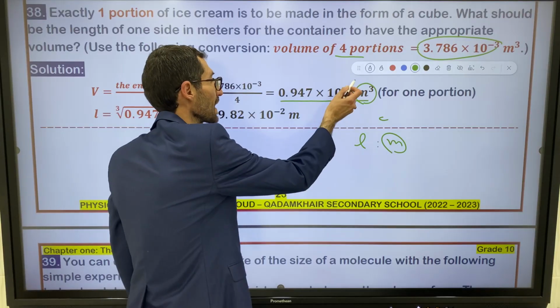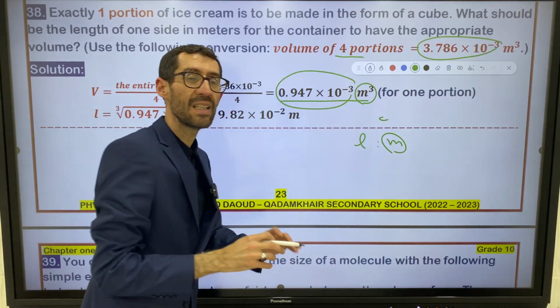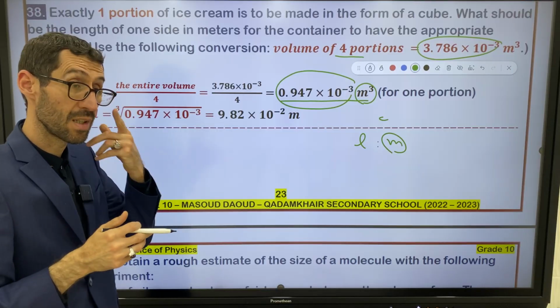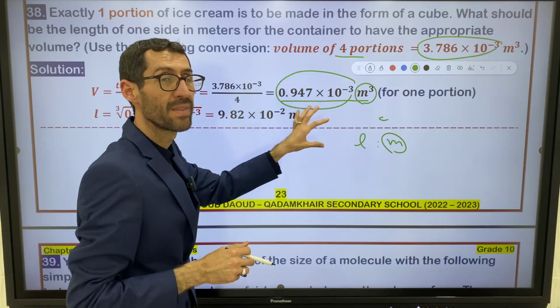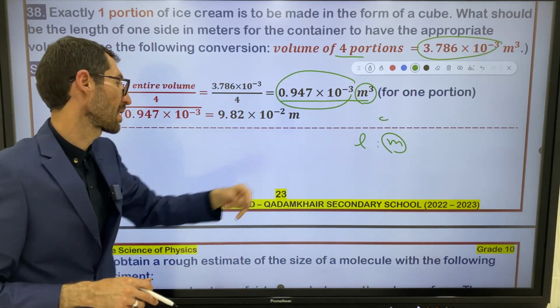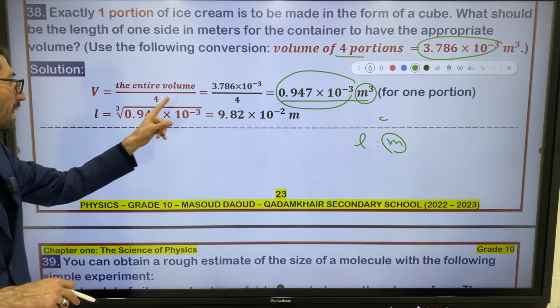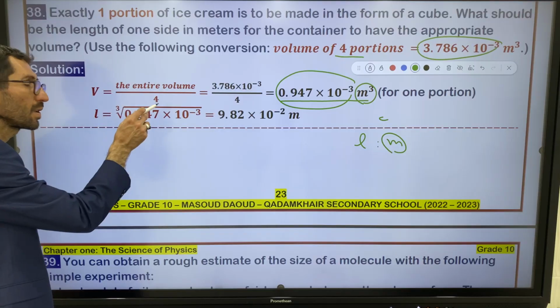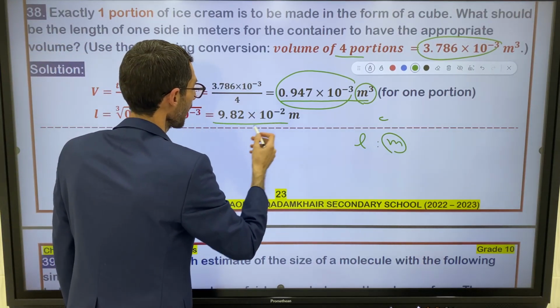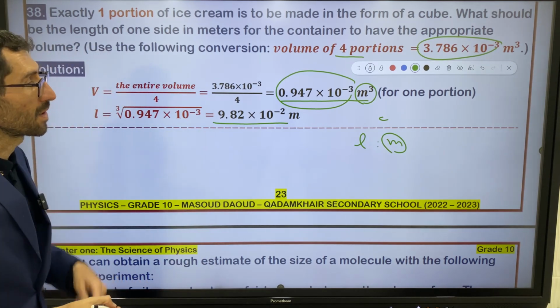So the last step is to take this cube root, not square root. Take the cube root of the number, and this becomes our answer. So L is equal to the cubic root of this number, and the answer is 9.82 times 10 to the power negative 2 meters, right?